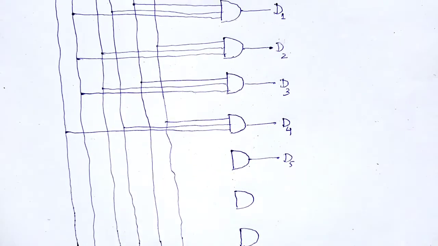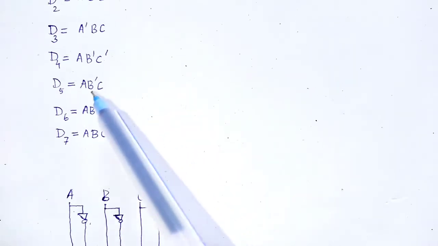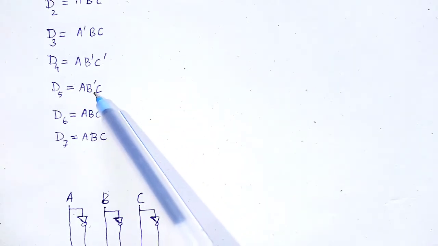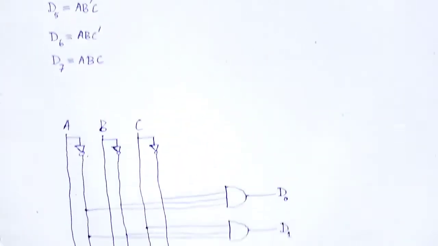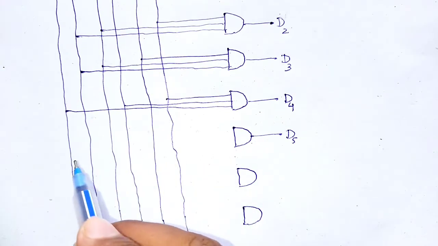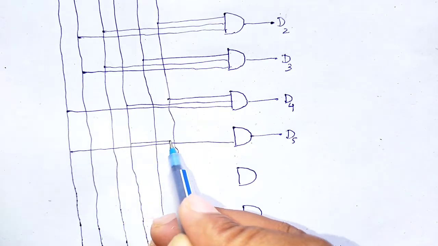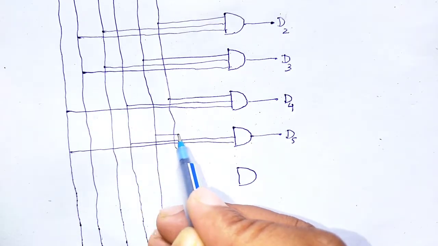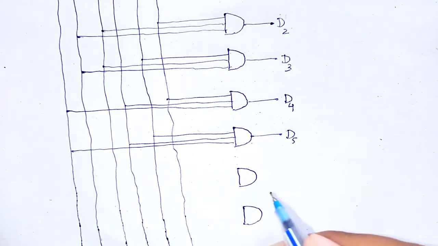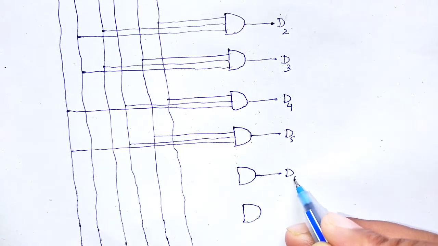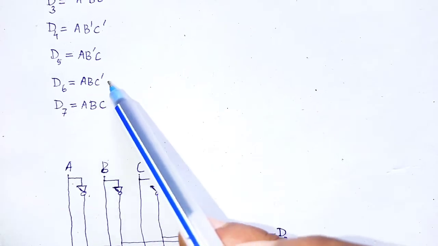D5, A B dash, C. A, B dash, C. Or D6, A B C dash.